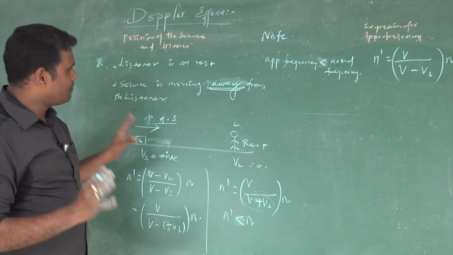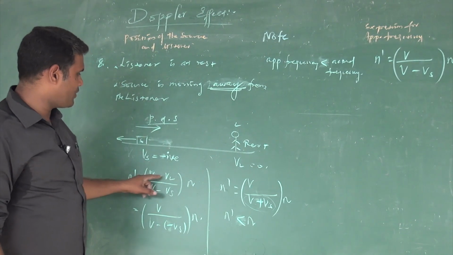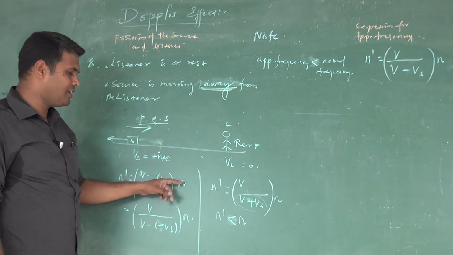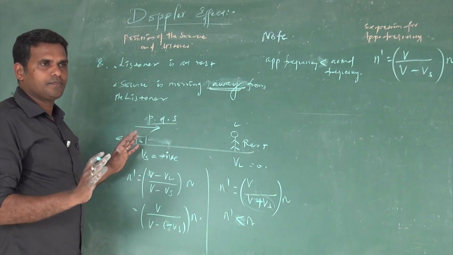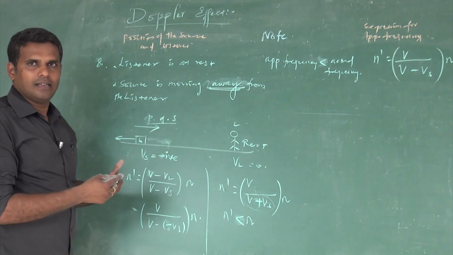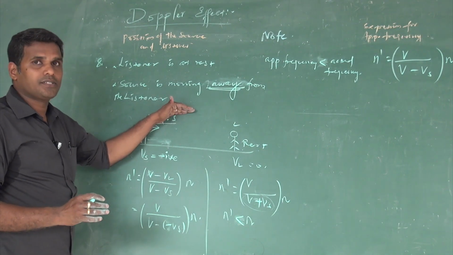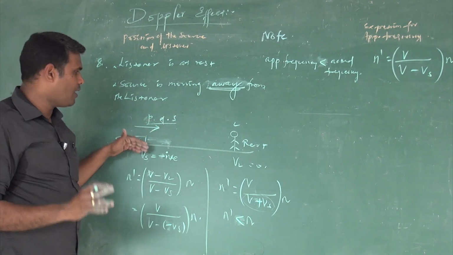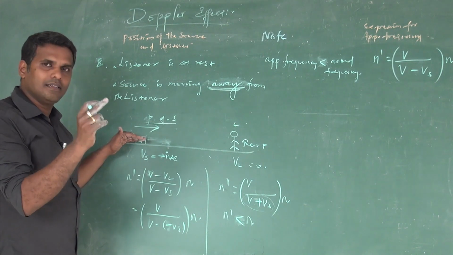So the simple idea is to keep the general expression n prime equals V minus VL by V minus Vs into n in mind, and then apply sign convention. As I mentioned earlier, sign convention is very simple. Consider the direction of propagation of sound as the reference. Now consider the direction of source and the listener.